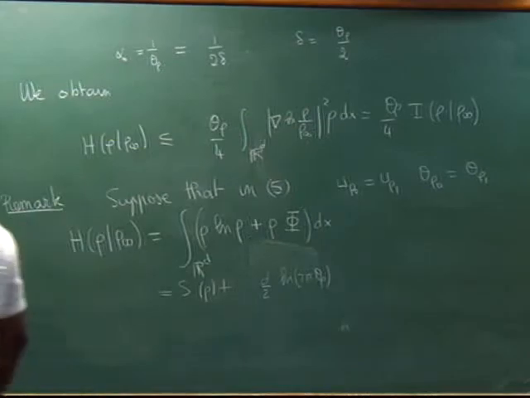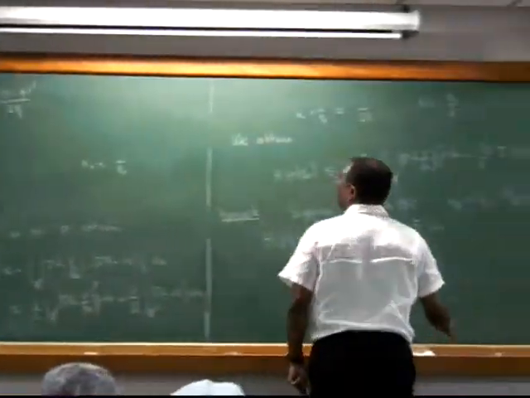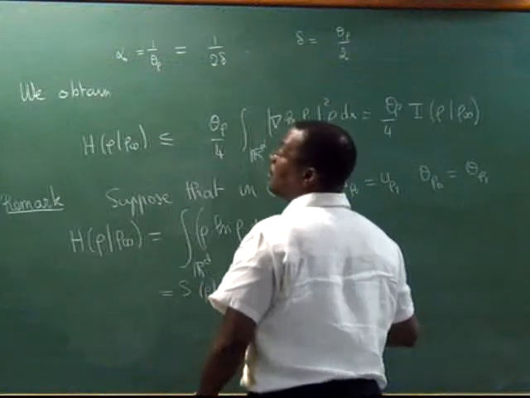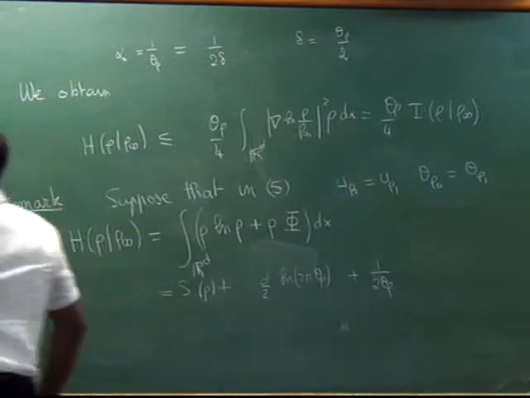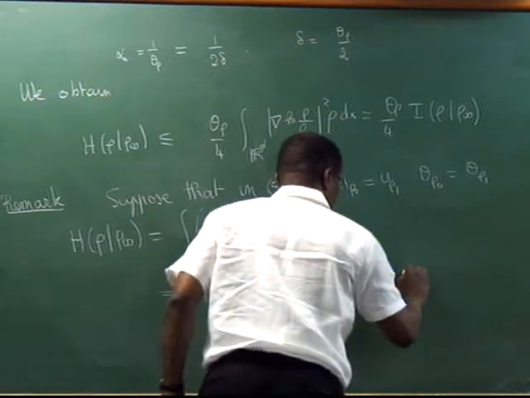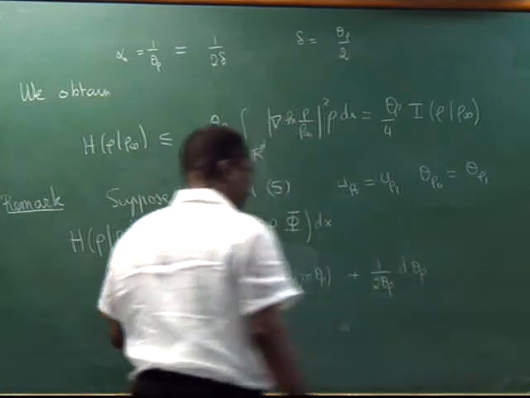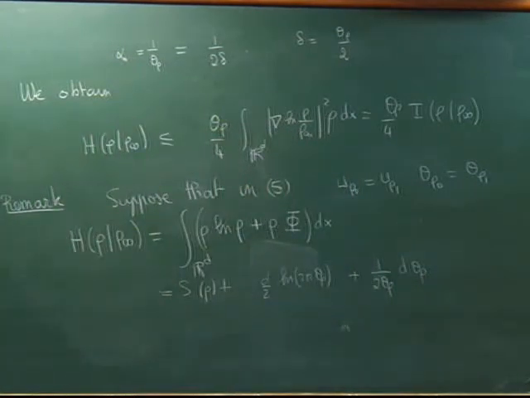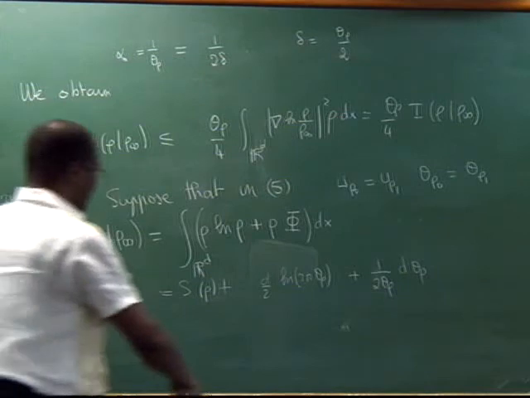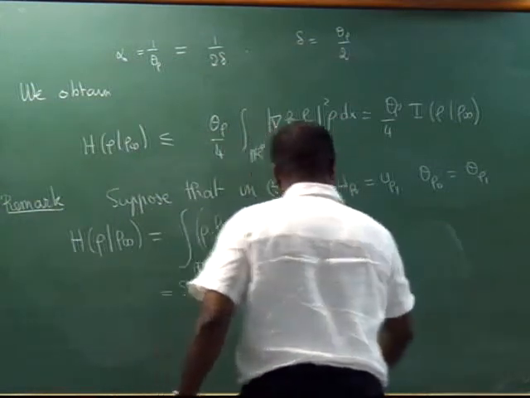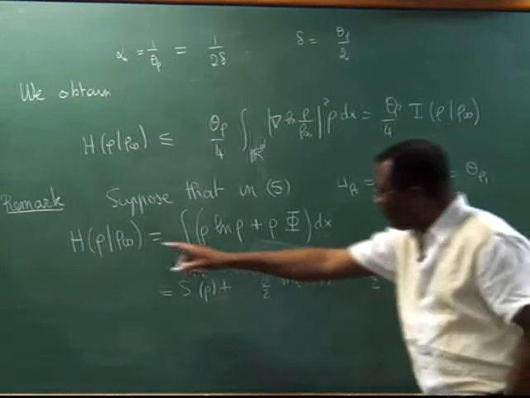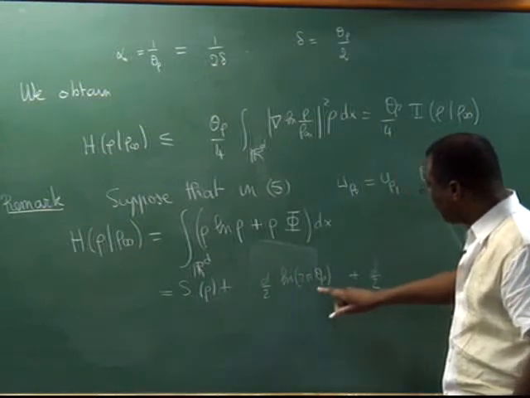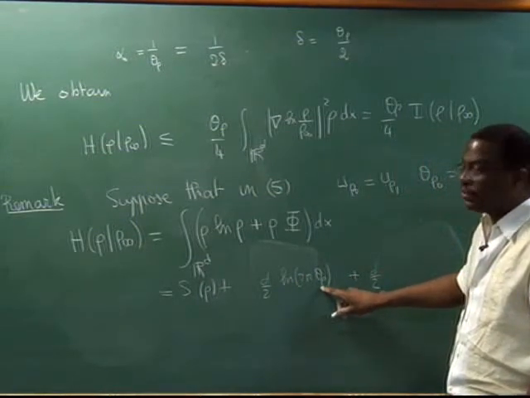And when I integrate this, it will give me 1 over 2 theta rho. But that integral is d theta rho. Okay. And so I can simplify and get d over 2. Okay. So the relative entropy is the entropy plus something which depends only on theta rho.